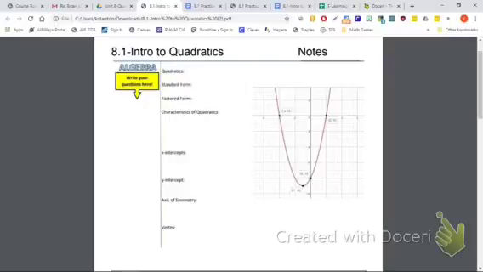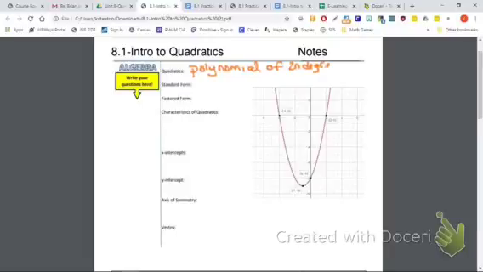So I have what look like your notes here in front of me. So let's talk a little bit about a quadratic. What the heck is this? A quadratic essentially is a polynomial function of the second degree. What does that mean? It's a polynomial of the second degree.